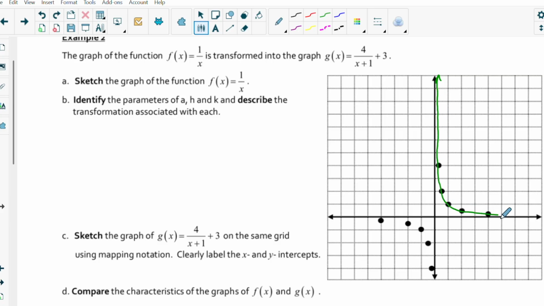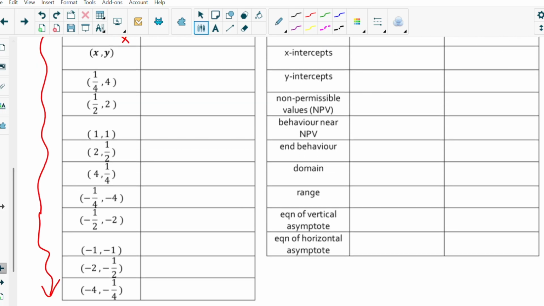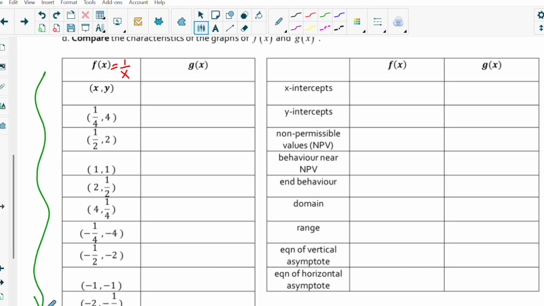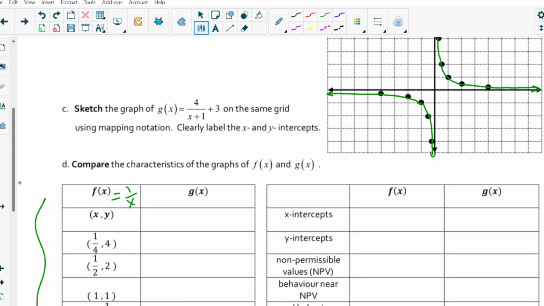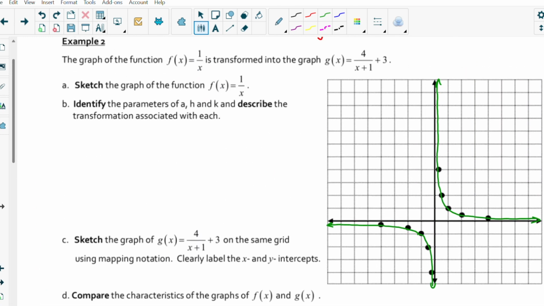Those should be familiar from a couple lessons ago. And then the other part, I just give you the points there, and I'm graphing those. So basically, all of this stuff. And then this is 1 over x. And now, that's done.